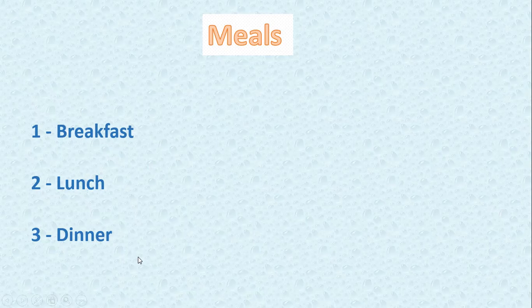And they have supper. Supper, it's between lunch and dinner. Sometimes we can say, for example, I'm hungry, and this is not the time of breakfast or lunch or dinner. So what can I call it? We call it snacks. You can have snacks between meals, right?